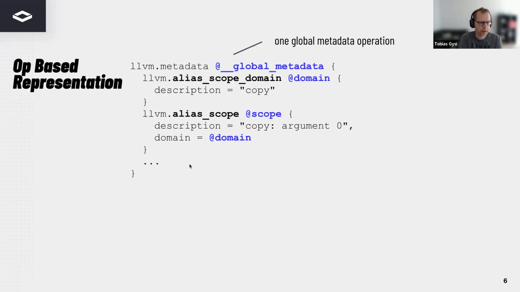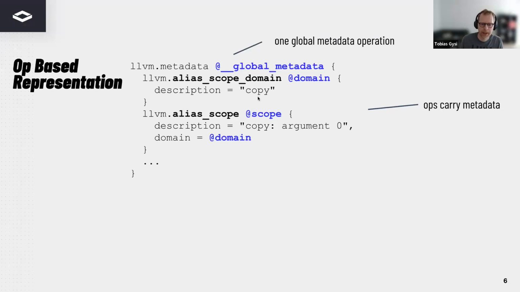Currently, there is already a representation of this alias scope metadata in MLIR. What we do for this is we have a global metadata op that is stored in the module. And this metadata op contains metadata operations, which carry the relevant information.